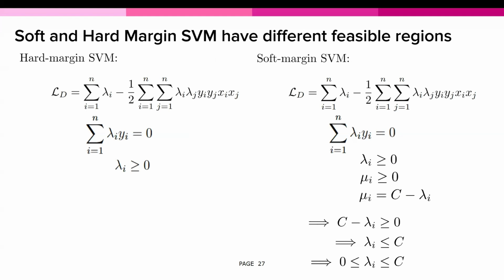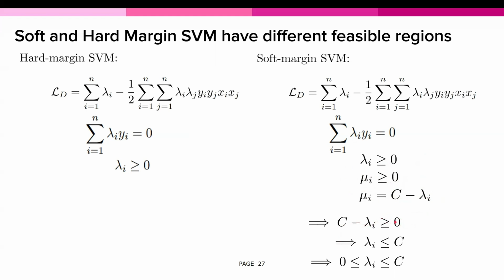We can combine these last two constraints, which tell us that the difference between C and lambda is non-negative. If mu i is equal to C minus lambda i, then we can plug it in up here, and C minus lambda i is going to have to be non-negative.